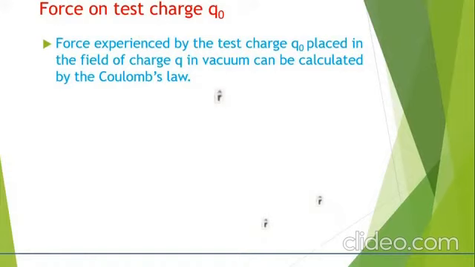And we know that here the medium between both of these charges is a vacuum, and if r is the distance between both of these charges, then we can write it mathematically as F equals 1 over 4 pi epsilon naught, q q naught divided by r squared, r unit vector. Here r unit vector is directed from the point of the charge q to the test point charge q naught.